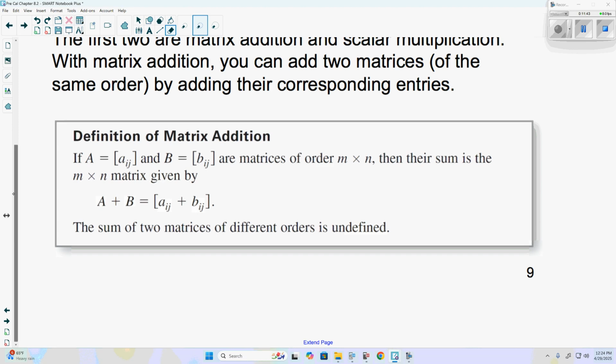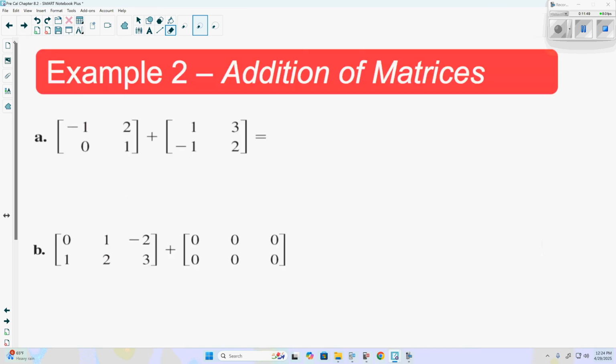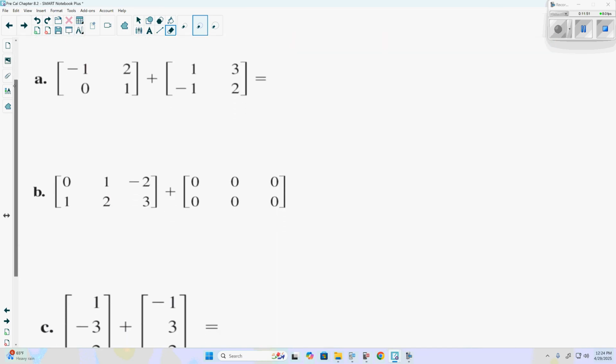Matrix addition. We can add two matrices together if and only if they are the same dimensions. So if we look at A, the first matrix is a 2 by 2, and it's getting added to a 2 by 2. So since the dimensions are the exact same, we add the corresponding elements. So our -1 is being added to 1.